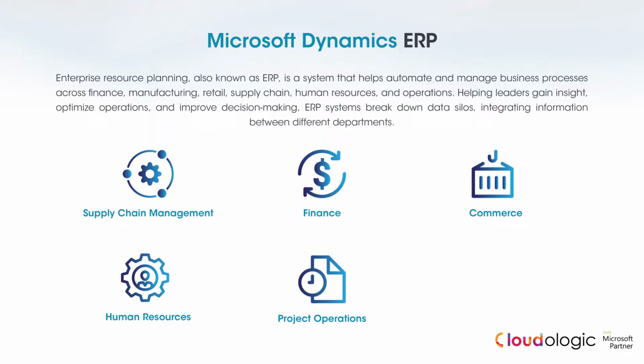And Business Central is a part of it, designed for small and medium-sized organizations. The basic difference between Business Central and F&O is that the functionalities and applications available in Business Central are limited.